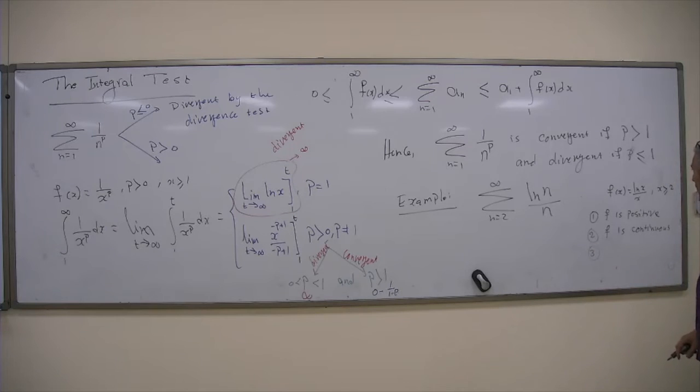Well, let's see here. If you differentiate, f prime of x is x times the derivative of ln x, that is 1 over x, the derivative of the numerator, minus ln of x multiplied by the derivative of this, which is 1 over x squared. So what you get here, you get 1 minus ln x in the numerator, and you get here x squared.